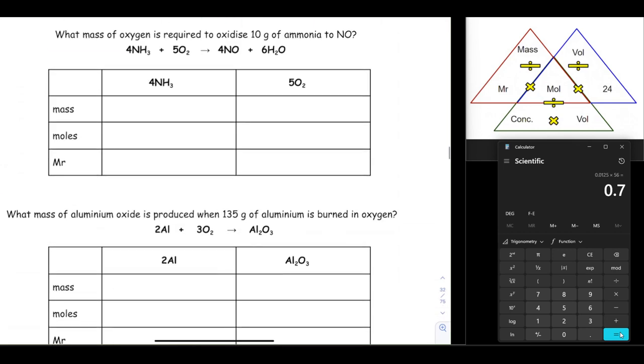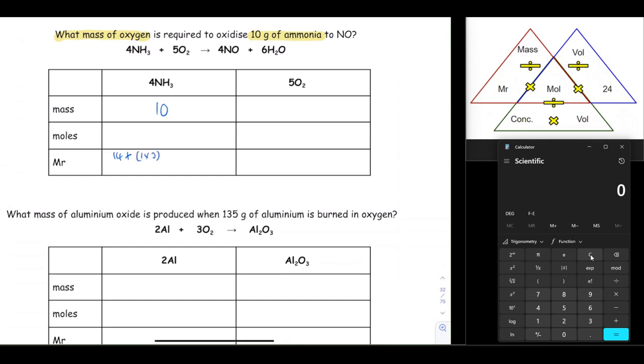What mass of oxygen is required to oxidize 10 grams of ammonia? So I've got 10 grams of ammonia. Ammonia is 1 nitrogen, which is 14, plus 3 hydrogens, which is 1 times 3.